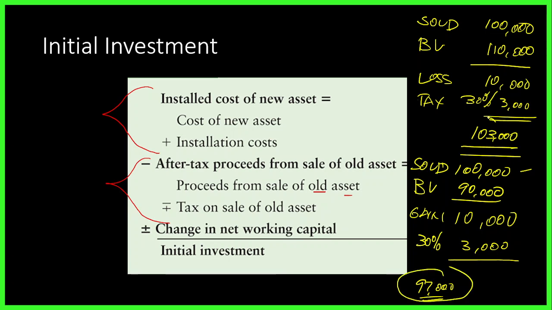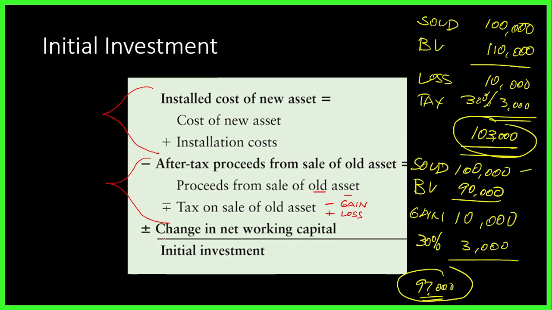This one is 97, this one is 103. Did you follow this? That is the after-tax proceeds from the sale of the old asset. That's why it's plus or minus: deduct if it is sold at a gain, and add if it is sold at a loss.